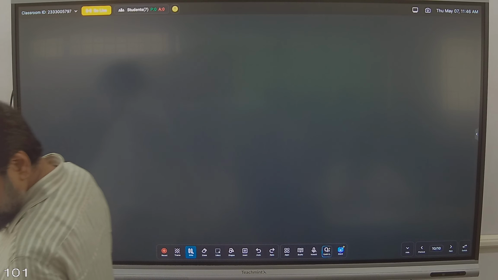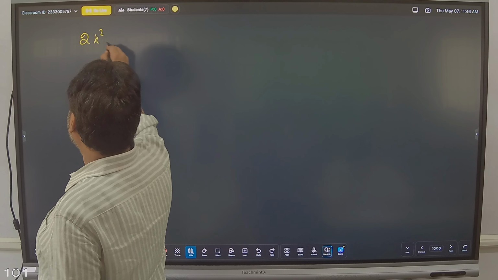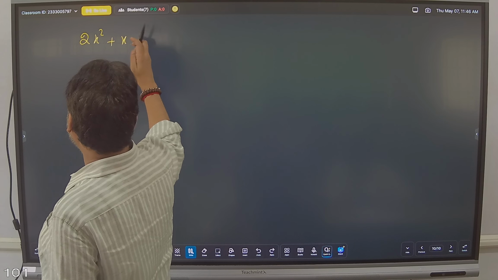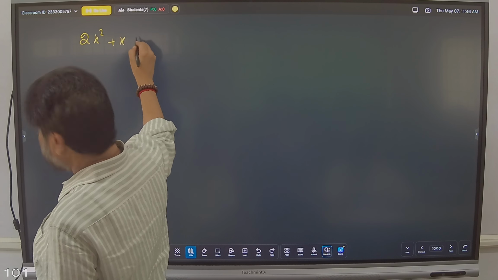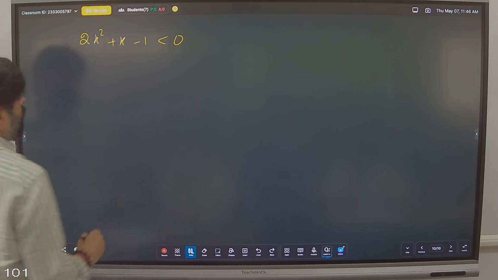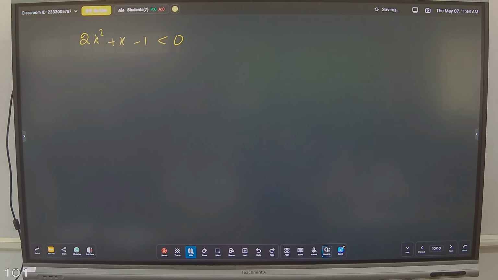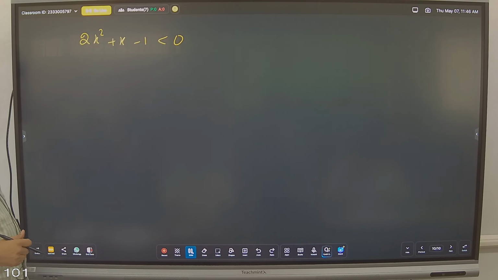What is the next question? Minus 2x square plus x, is the question? So we cannot factorize by the normal way?